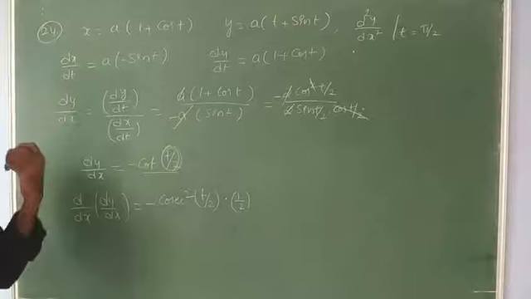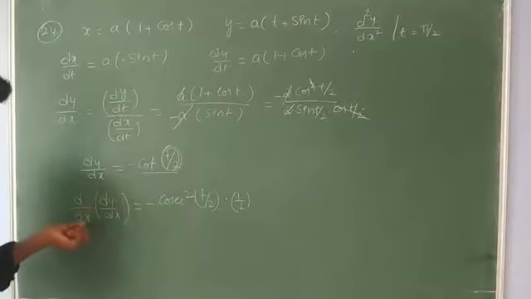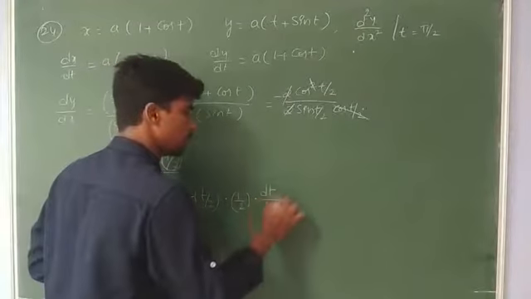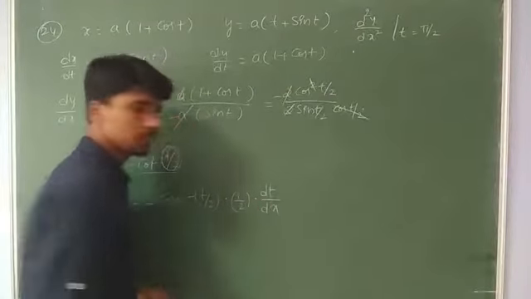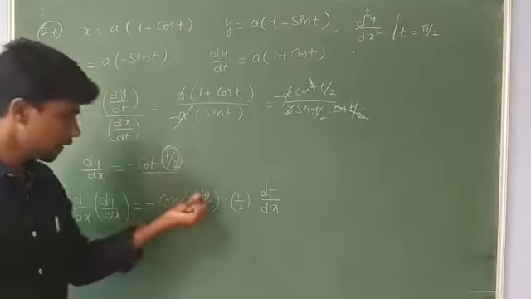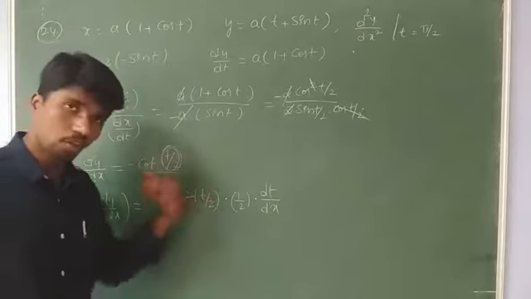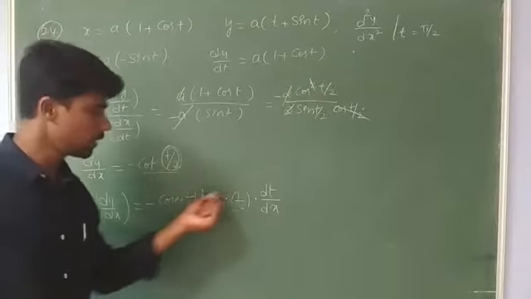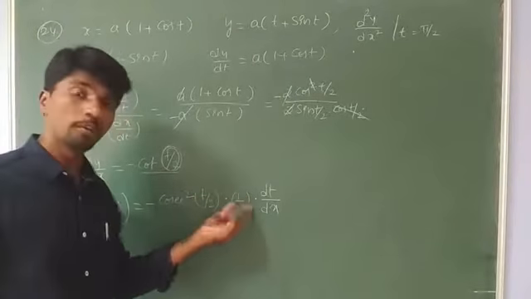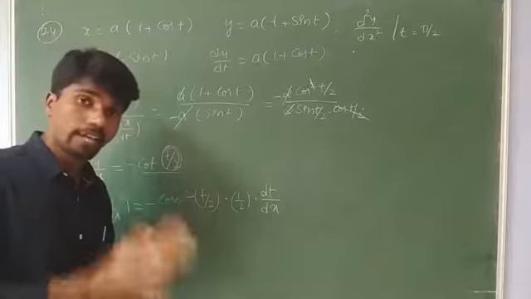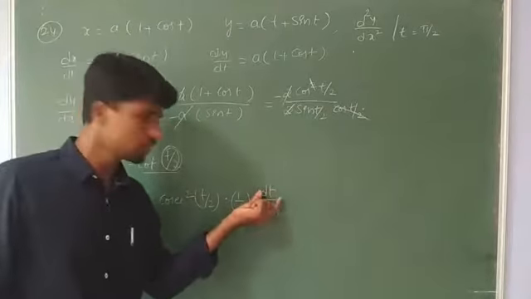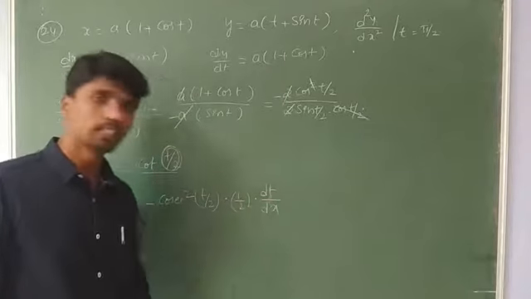But it is not t. We are finding differentiation with respect to x. It is not x, it is t. So what we have to do? We have to do dt by dx. If it is not x, we have to go for its differentiation. T by 2 derivative with respect to x is 1 by 2 into dt by dx.